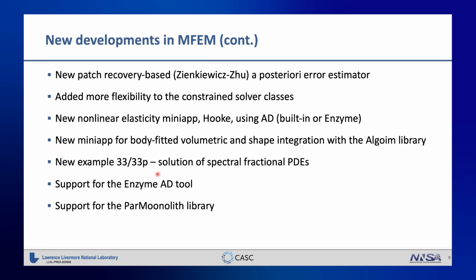This is an example of solving spectral fractional PDEs, a new type of PDE that you can check out if you're interested in fractional PDEs. And I already mentioned the Enzyme AD that's used in Hooke. We have support for that, illustrated in Hooke, and then support for the ParMoonolith library, which is another library for data transfer between meshes.